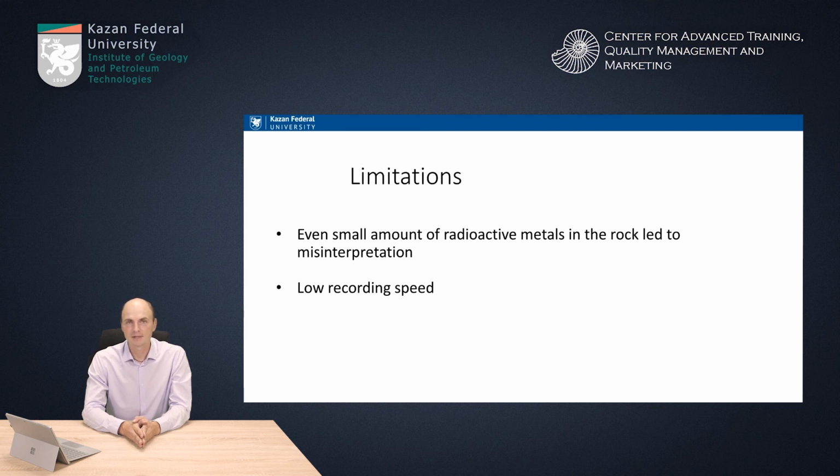For example, in certain cases, we can have potassium particles in different rocks, like in polymictic sandstone. In this case, the sandstone itself can have high radioactivity. And once you get the high radioactivity, you can misinterpret that as the presence of shale. So you should look clearly at all of the logs, not only the gamma ray.